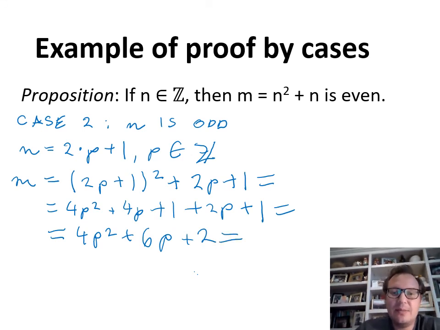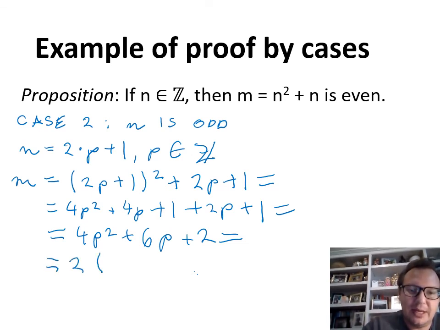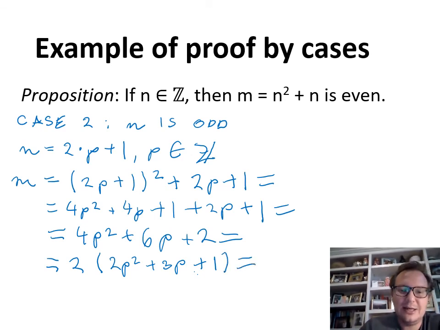So the same as before, we want to prove that this is even, and we want to use the definition of even integers. And so let's get this into the appropriate form. We pull 2 out, and we get 2p squared plus 3p plus 1. Okay, now we can substitute this whole parenthesis with a fresh integer.